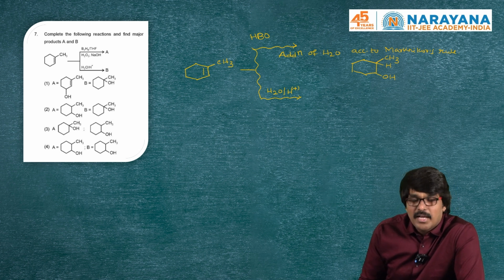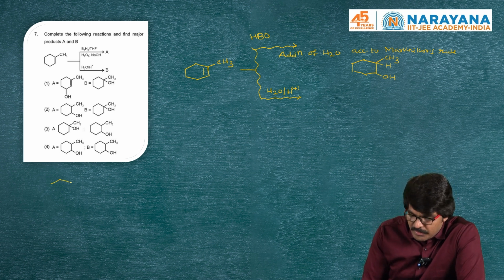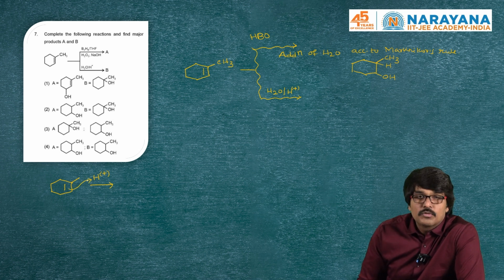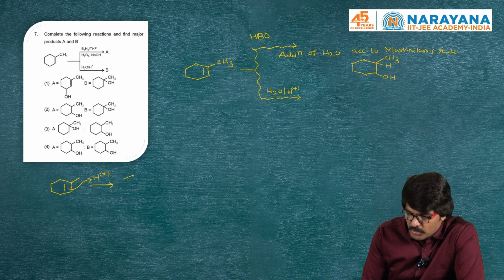But in the second path, acid catalyzed hydration, it's better to go with the mechanism. The first step of the mechanism is addition of electrophile. Electrophile is added to the cyclohexene system in such a way that a carbocation intermediate is produced.